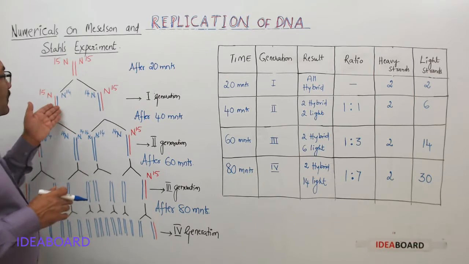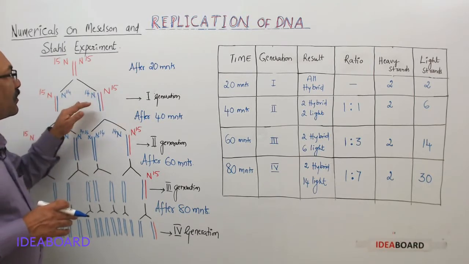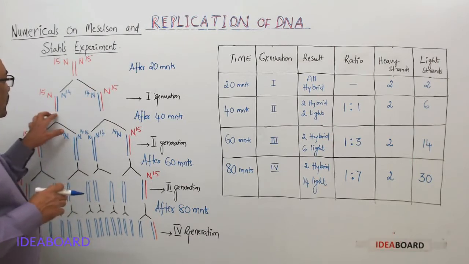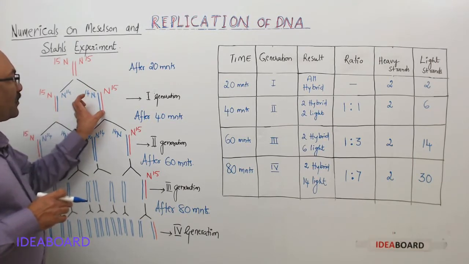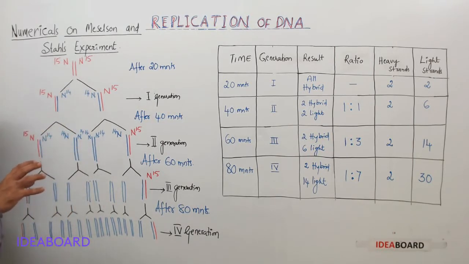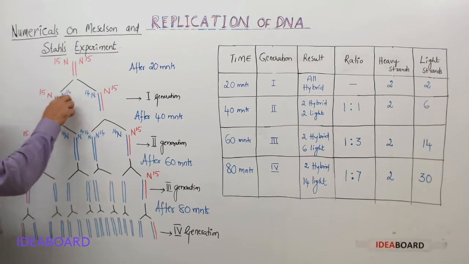But here, in the first generation, all are hybrid DNA, each DNA with one heavy strand and one light strand. I have used two colors for better differentiation: red is for N15 and blue is for N14.